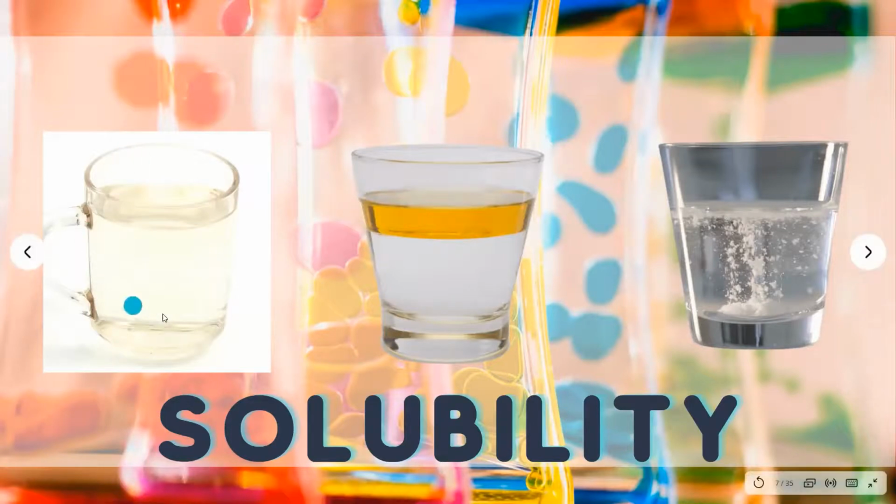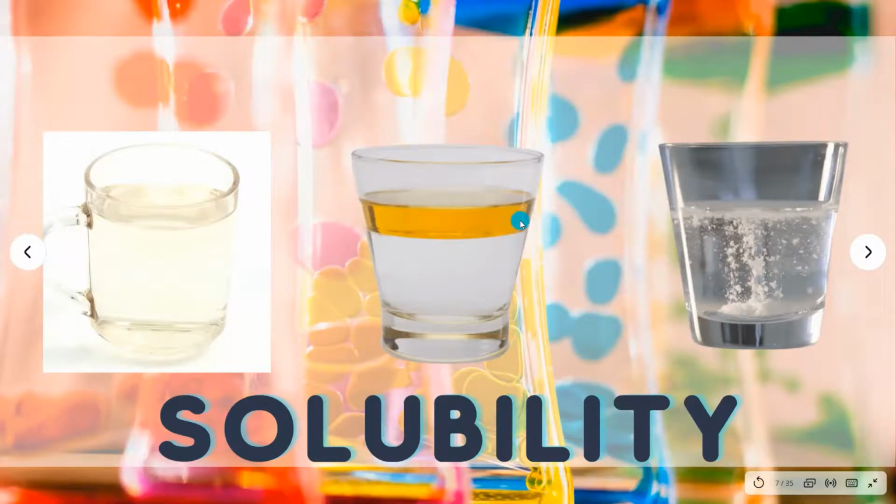If something is soluble, then once it's been dissolved, you can no longer see it. It's mixed completely throughout the solvent. Whereas if the solute is insoluble, two things might happen. If you add oil to water, oil is insoluble in water, it won't dissolve, and it creates two different layers.